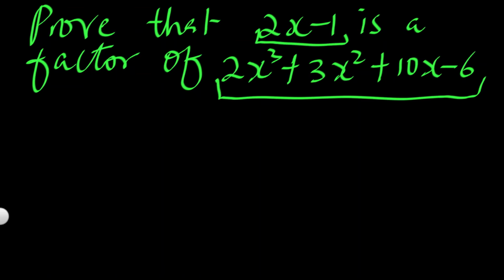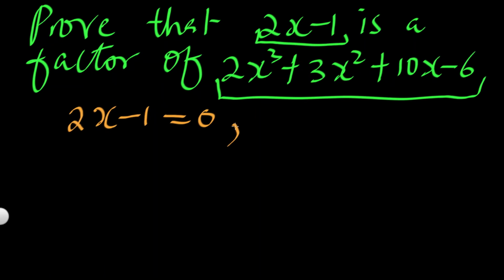Forgive me here, I'm not going to write my if statement yet, but I'm going to find my a. If you want to find your a, you take your divisor, 2x minus 1, you equate it to 0, and you solve for x.